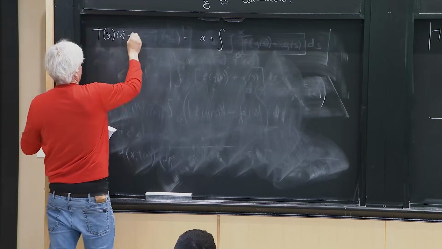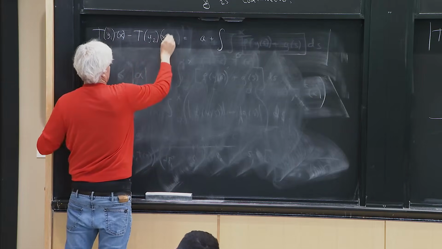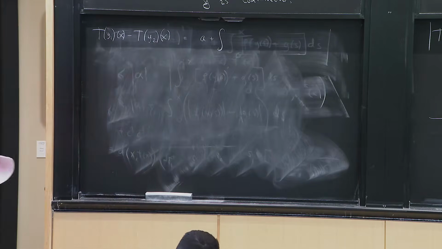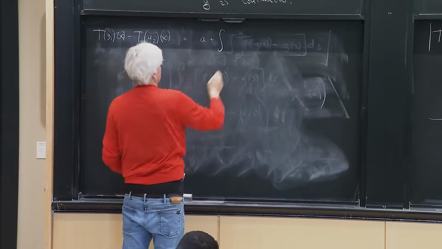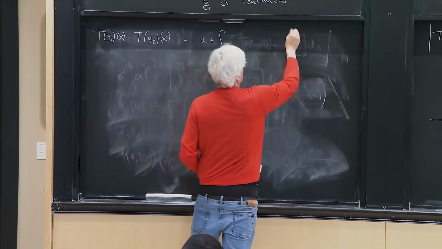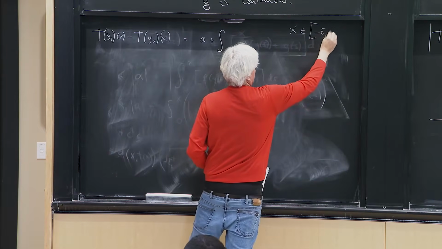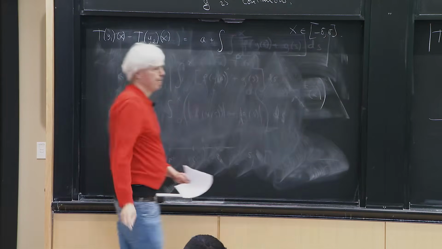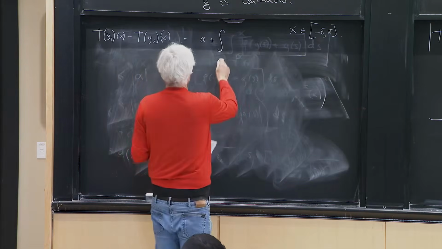So this thing here, minus T of y2, and I'm just looking at the difference, where x will be in this interval. I'm just writing down first what this is.